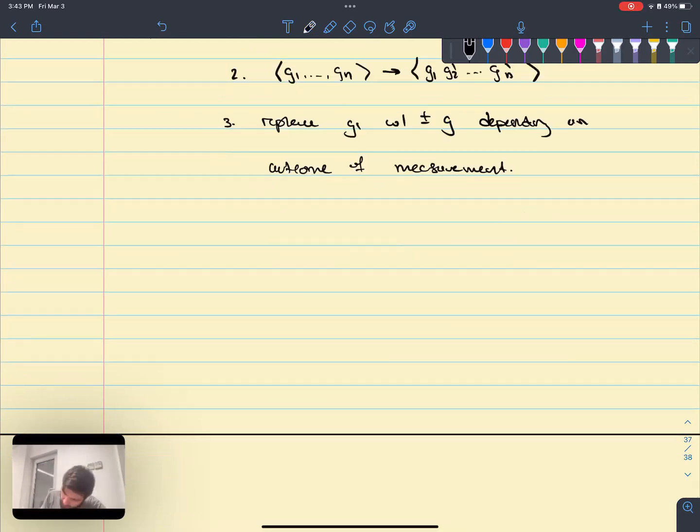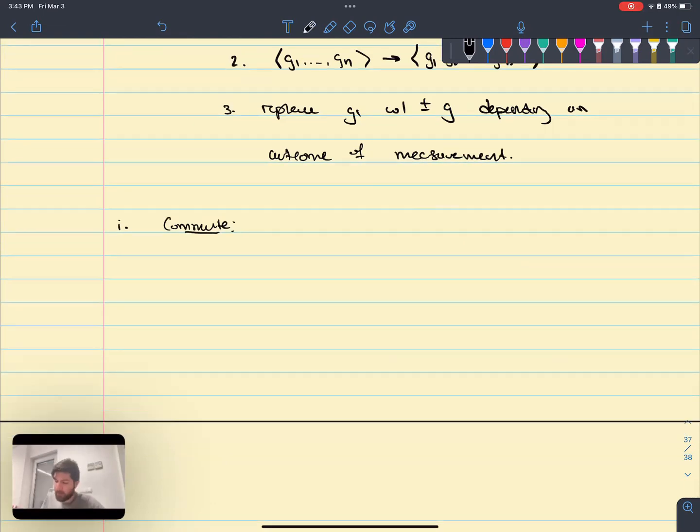And then two, if we go to the part where things commute, then if everything commutes, the only thing you really need to care about is whether the outcome of the measurement is plus or minus g. So if they commute, then actually S stays the same.